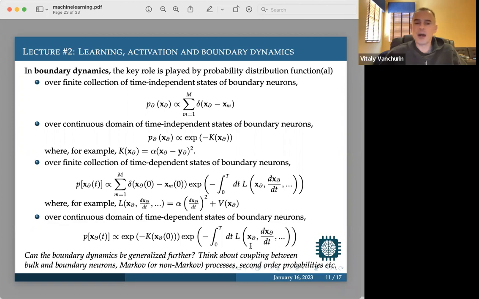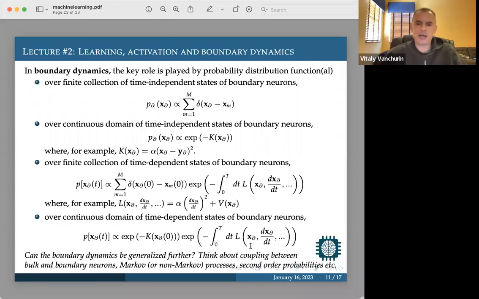Whatever bulk neurons are, the boundary dynamics is not sensitive to it. However, last lecture, we argued that for at least reinforcement learning, the state of the neurons which the neural network generated should affect the state of the system, and therefore affect the boundary dynamics. And therefore, there has to be this feedback.